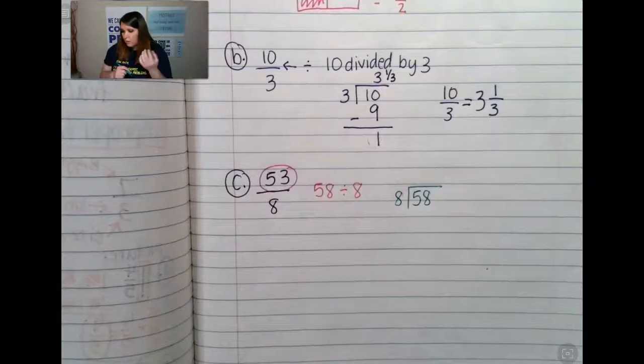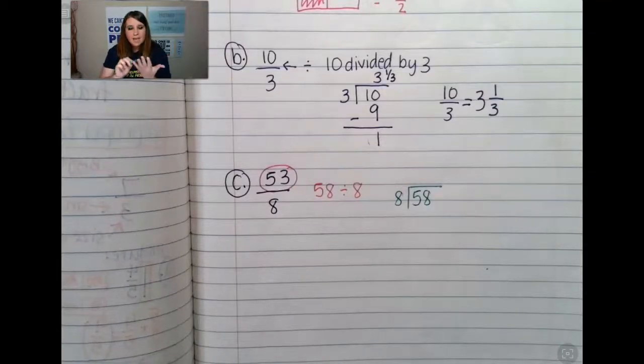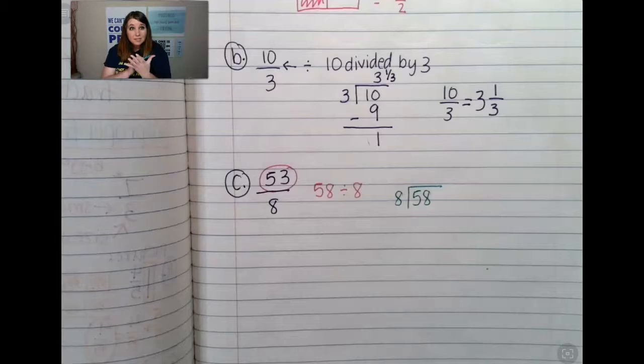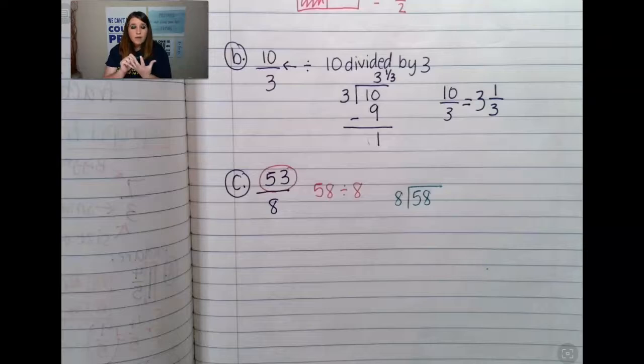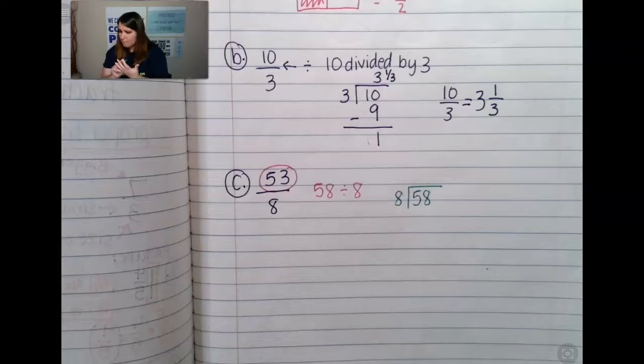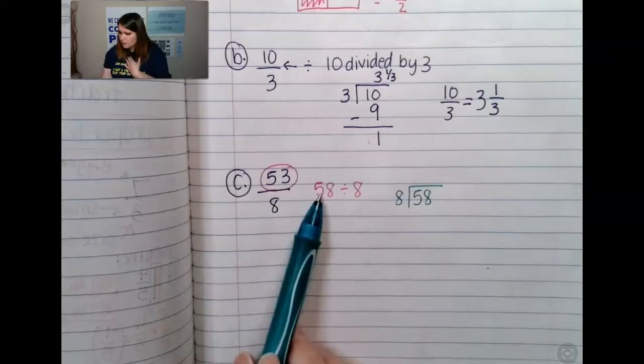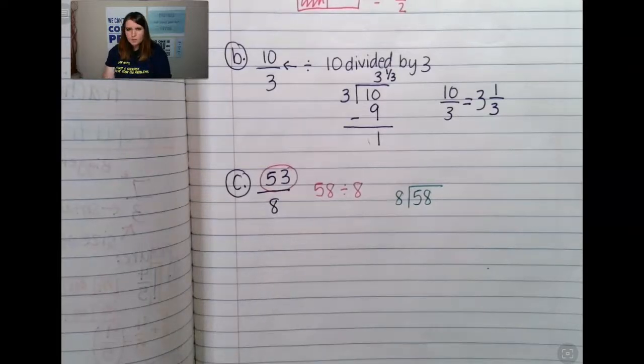Okay, so right away I know that 5 times 8 is 40, and 5 times 6 is 48, and 5 times 7 is, let's see here, oh, I wrote down the wrong number. It's supposed to be 53. Nobody caught me.